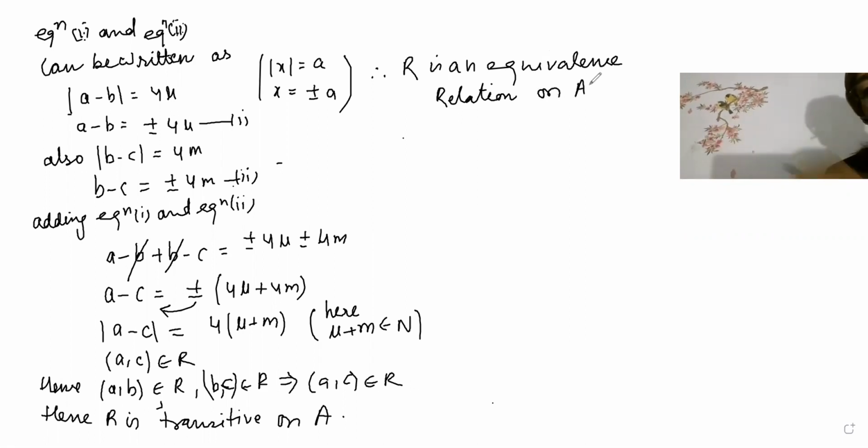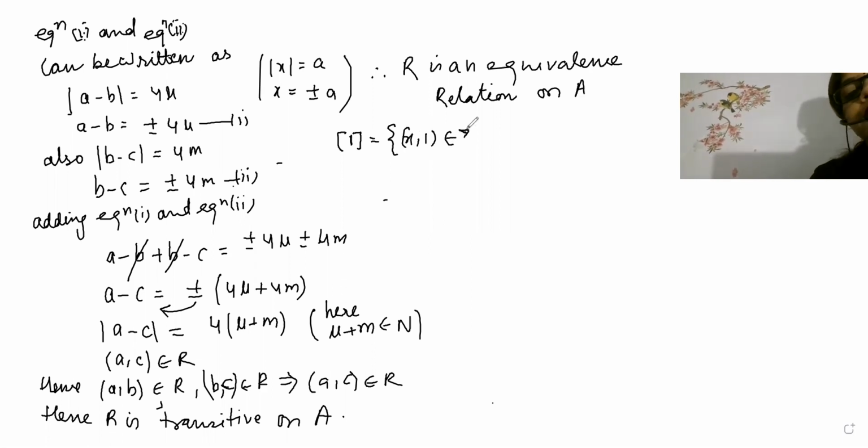Okay, now beta, next part of the question: you might have seen that they asked you to check congruence, the equivalence class for 1. So what we were writing was, [1] is equal to x comma 1 belongs to integer such that x minus 1 is a multiple of 4.